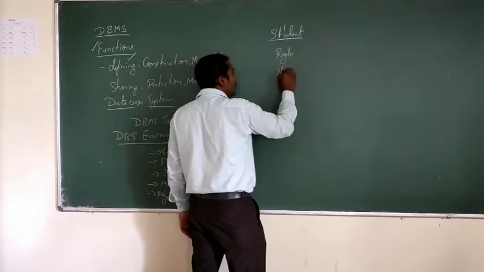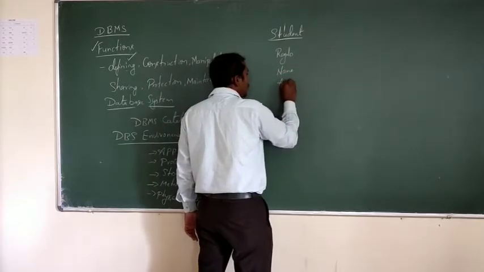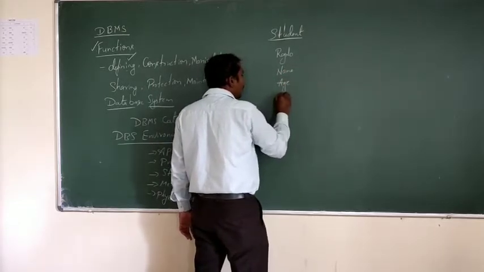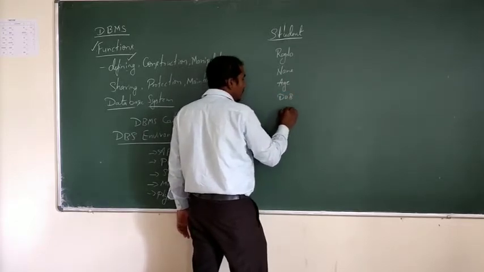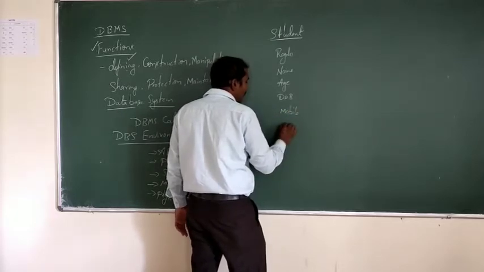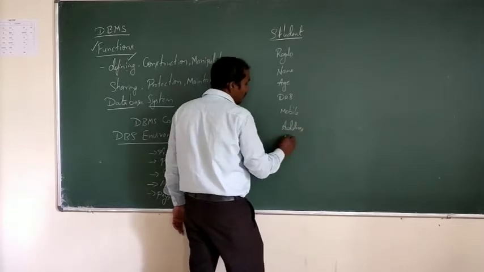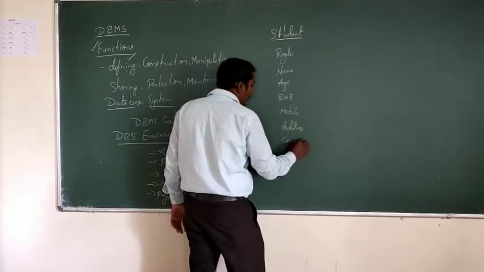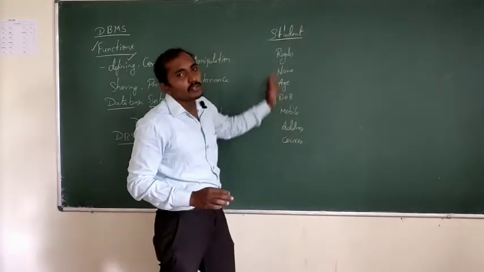He'll have one specific name for him, and his age and date of birth. And again, say this is optional, like mobile number or address, and which course he is studying. So all these are the details that are related to a student.